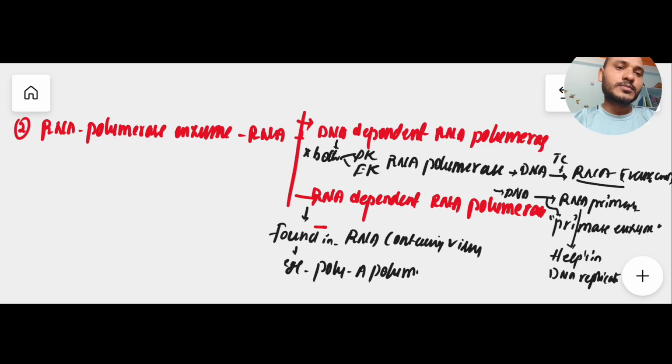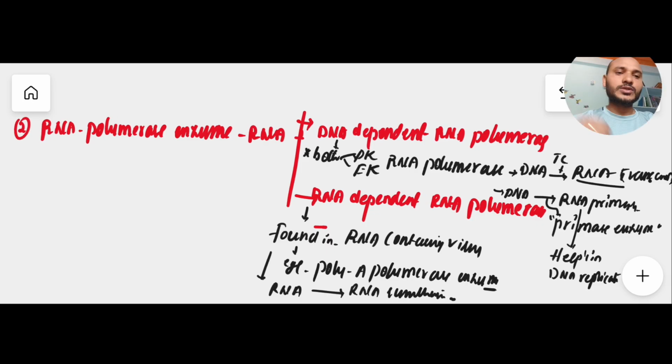These enzymes help in the formation of RNA from RNA only. So RNA gives rise to RNA synthesis. From parent RNA there is a formation of daughter RNA. So this is all about the RNA polymerase enzymes, in which we have two types: DNA dependent RNA polymerase and RNA dependent RNA polymerase enzyme.